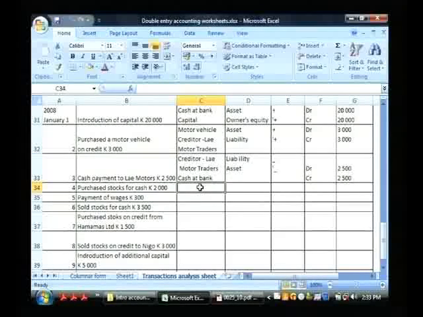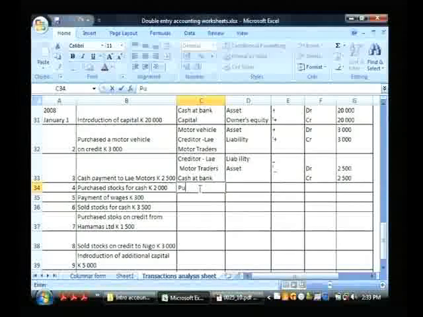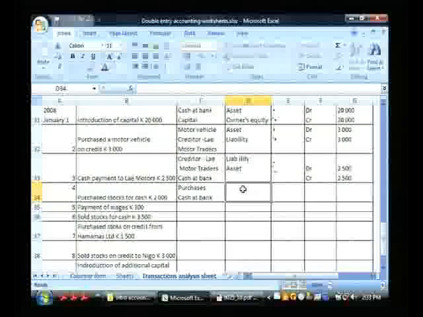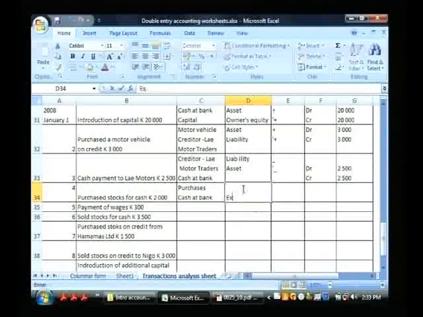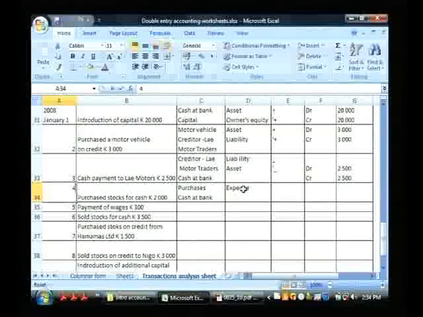Next, purchase stocks for cash. Then here, purchases account, trading business. Therefore, in all trading businesses, there must be a purchases account to record all the purchases. Purchases account and cash at bank. Purchases account is an expense account and cash at bank is an asset account.